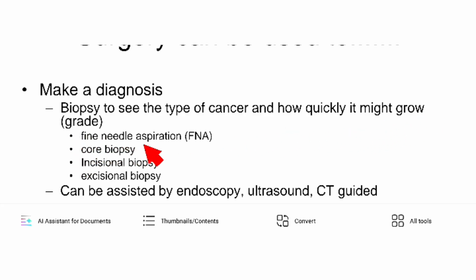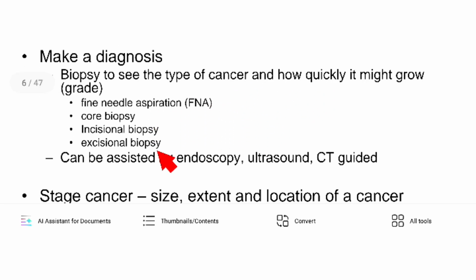Fine needle aspiration, the FNA test, is done in the laboratory. Another is core biopsy, incisional biopsy, excisional biopsy. They are the two further categorized types of core biopsy. They can be assisted by endoscopy, ultrasound, and CT guidance.